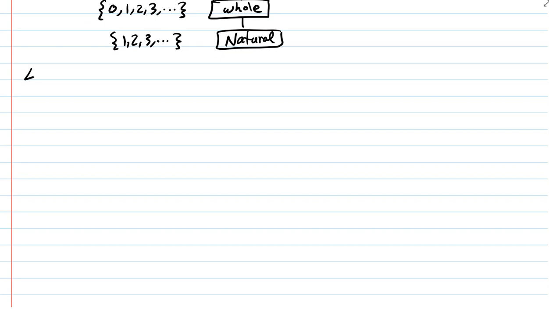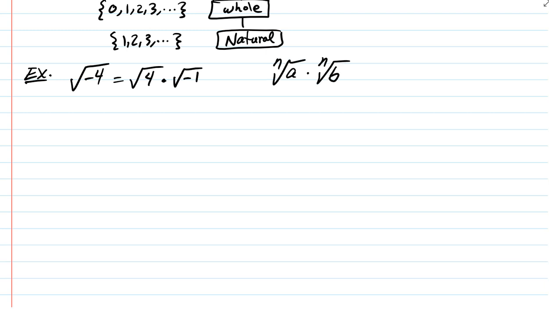One thing that we can do, by the way, if you look at, for example, square root of -4, is the following: square root of 4 times square root of -1. Remember the multiplication of the nth root of a and the nth root of b, from one of our earlier review lectures. We emphasized that at least one of these must be real.